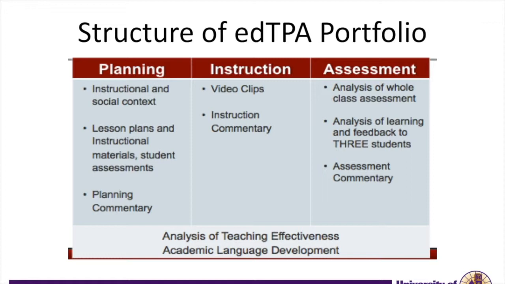They have to plan, and they should know why they make the decisions they make in planning. They have to teach and should be able to analyze their teaching and explain the choices they made in the lesson. They have to analyze students' learning, provide quality feedback to students, and make choices on the next steps to advance learning.